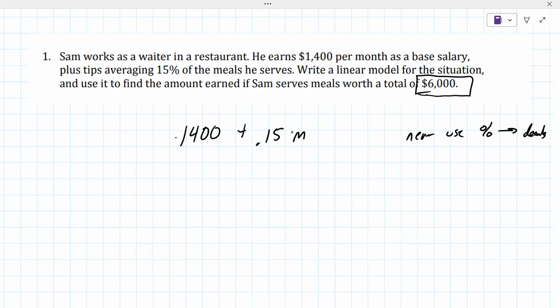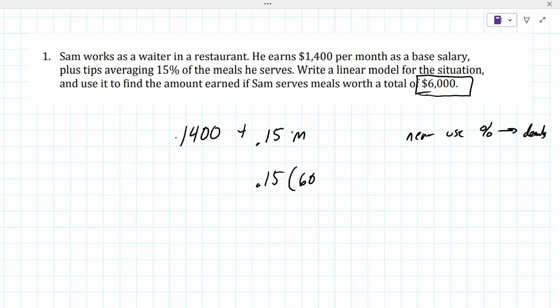Okay, so go ahead and put that into the equation and see what he will earn for that month. And he made $2,300 that month.